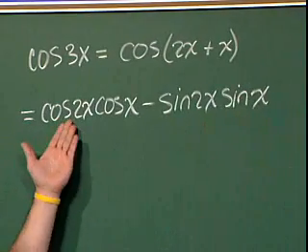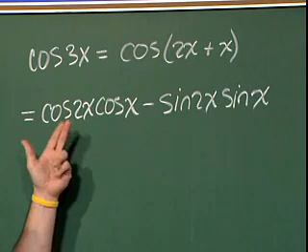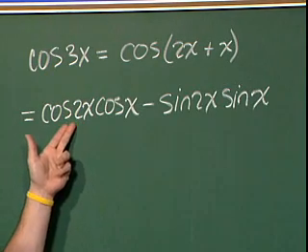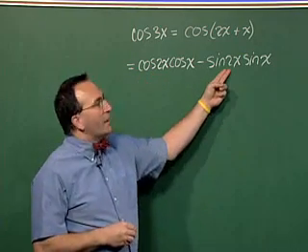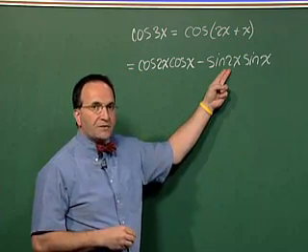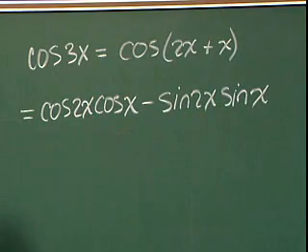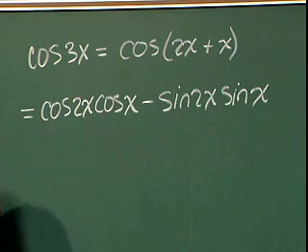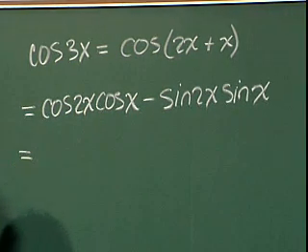And now you can see where we would have to use the double number identity to replace cosine 2x. And similarly, we can replace sine 2x with its double number identity. So let's do that. In fact, let me use a slightly different color chalk so that you can see.